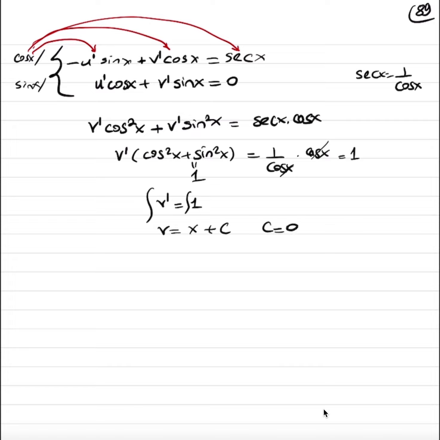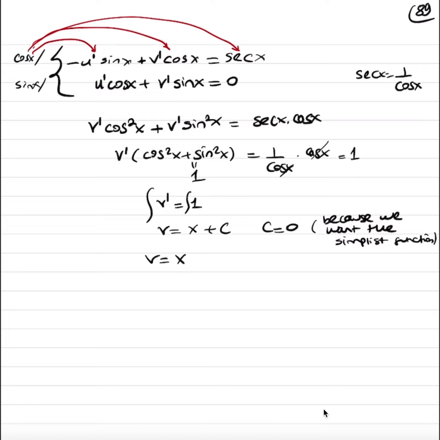But as I said, we will always choose c is equal to 0 because we want the simplest function. You can choose whatever c you want, but we don't want any arbitrary constant, so you need to choose one c. We want the simplest function. So we have v is equal to x.